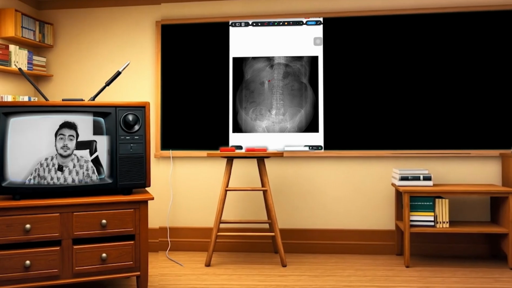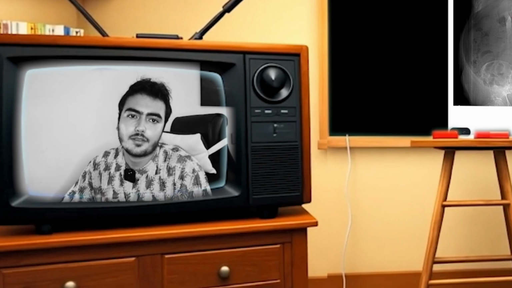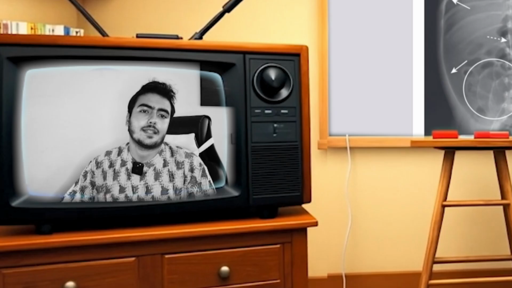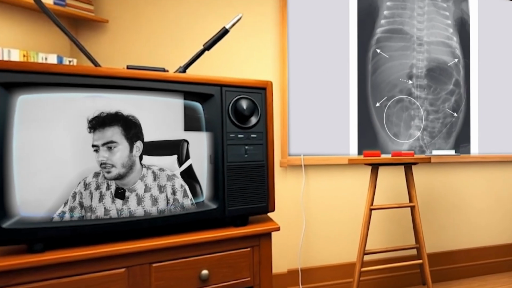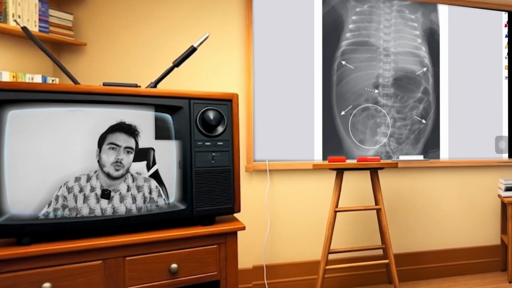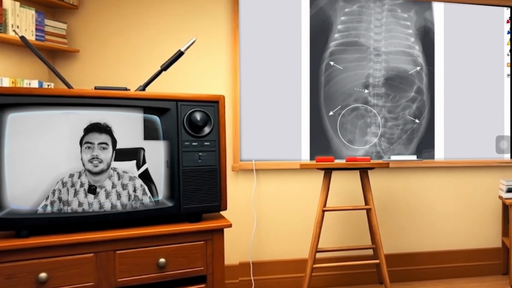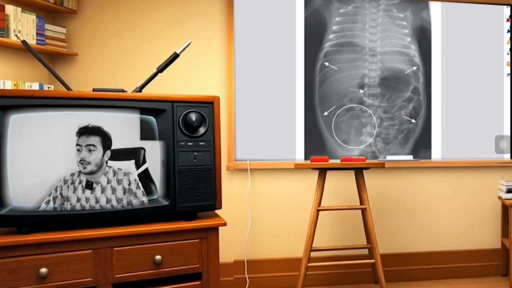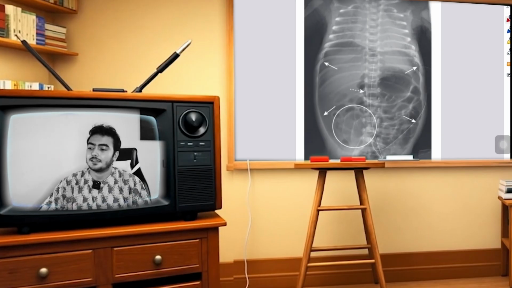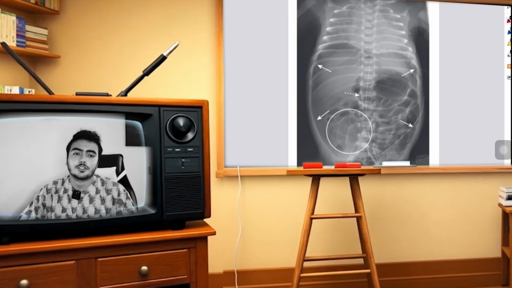In some cases, that air surrounds everything so much, it creates an oval-shaped gas pattern with the ligament visible. It looks like a football with laces. Yeah, that's the football sign, not soccer sign. And it usually means massive pneumoperitoneum, often seen in pediatric or post-op patients.